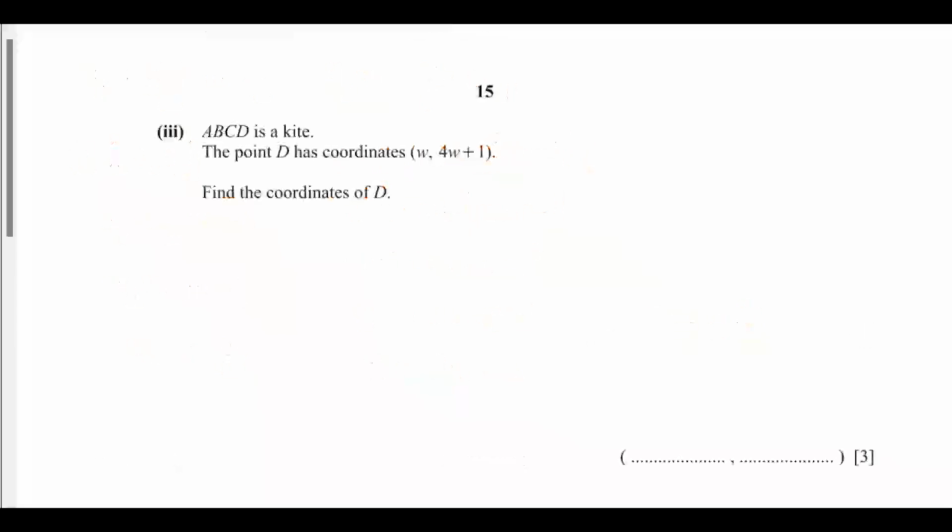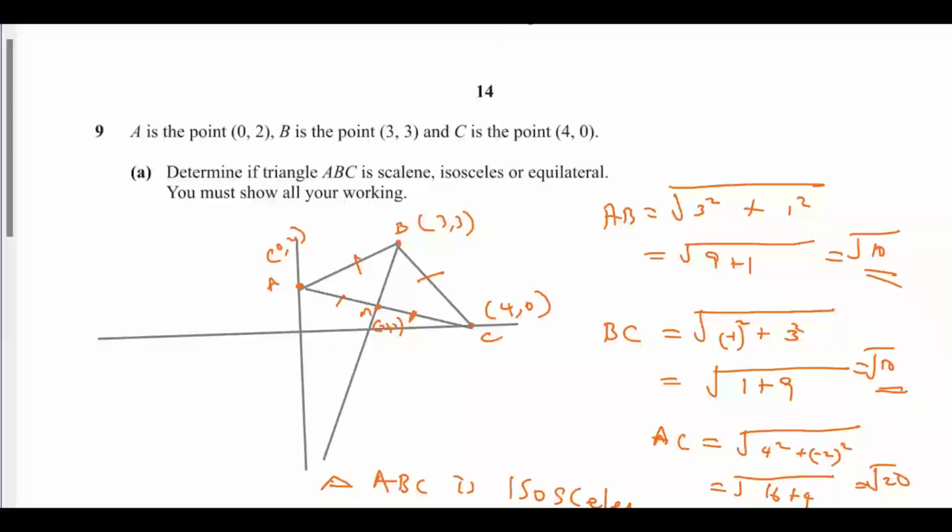Okay, so let's go to the next question. Round figure 3, ABCD is a kite. The point D has coordinates w, 4w plus 1. Find the coordinates of D. Okay, so here, we're going to have a line like this to complete the kite, then another one here to complete this kite.